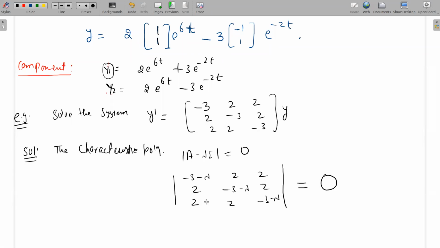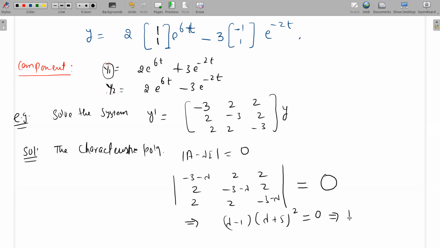Apply some row transformation if you want. Okay, so you can make zeros, then expand. Or you can do it by direct calculation. So I'm just solving it. So this will further factor into (lambda minus 1)(lambda plus 5) squared equal to 0.